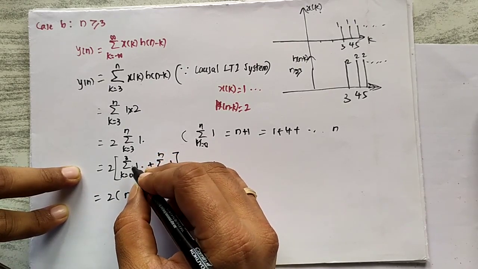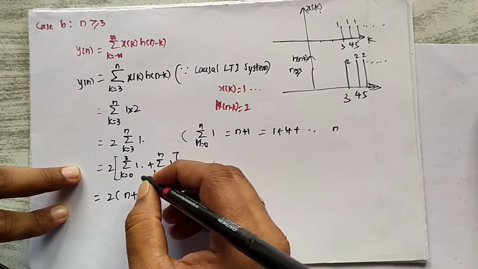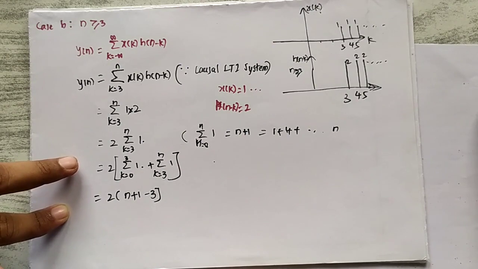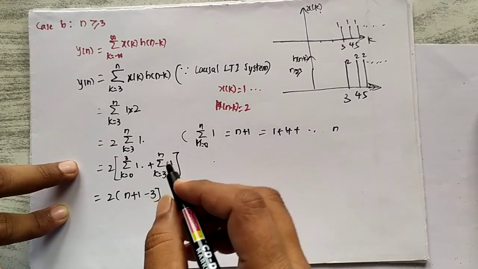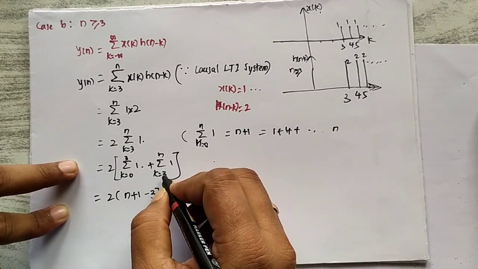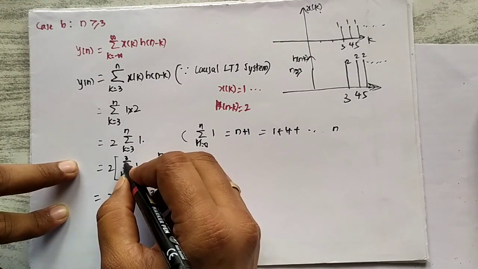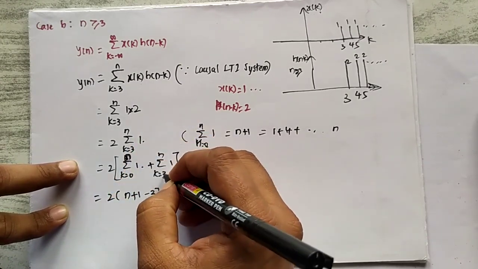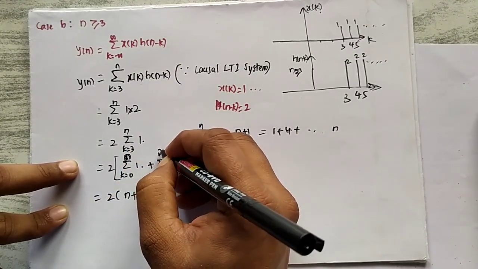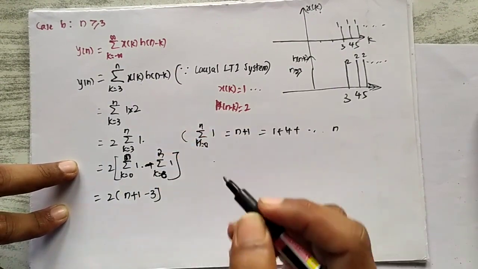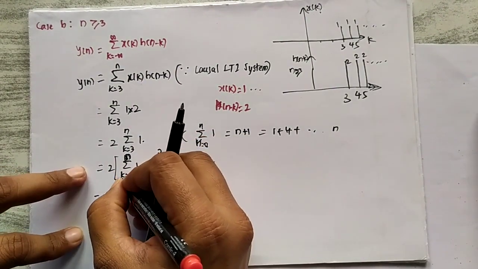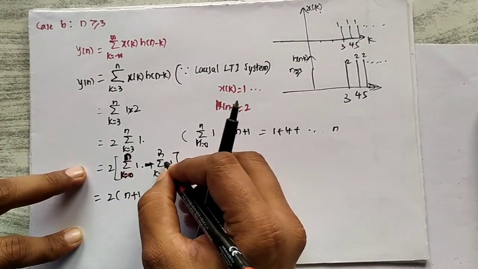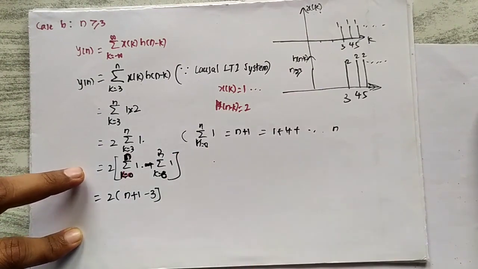Here I need to subtract 1 added 3 times, so that will be minus 3, because we need this one only, right? In other words, it is from k equal to 0 to n minus k equal to 0 to 3 of 1.